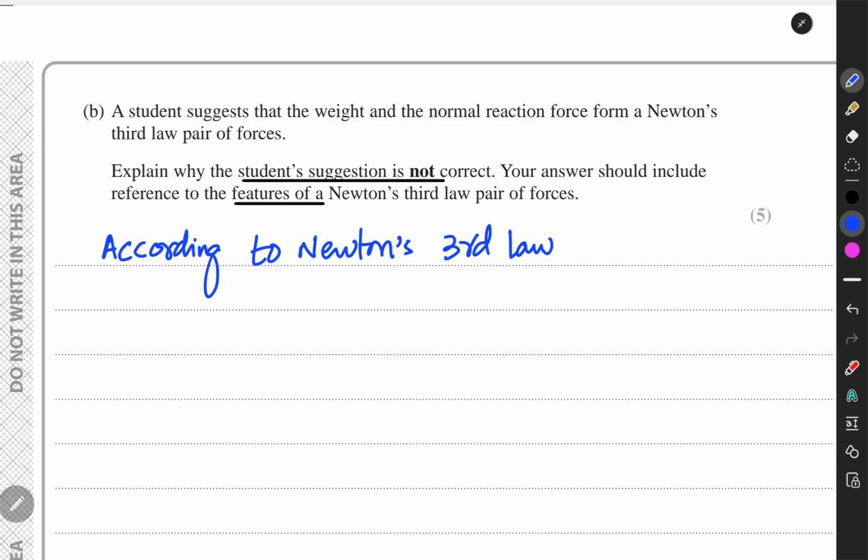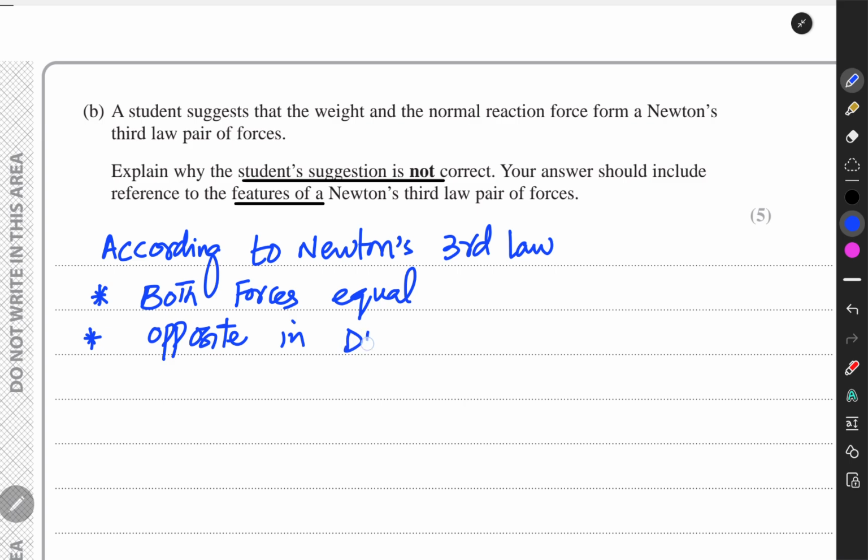These tests are easy to perform, but remember the main ones: both forces are equal in magnitude, and secondly, they are opposite in direction. Yes, they are.